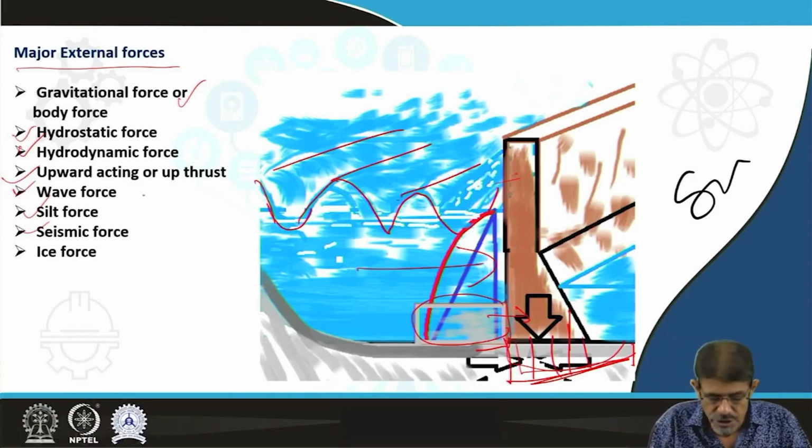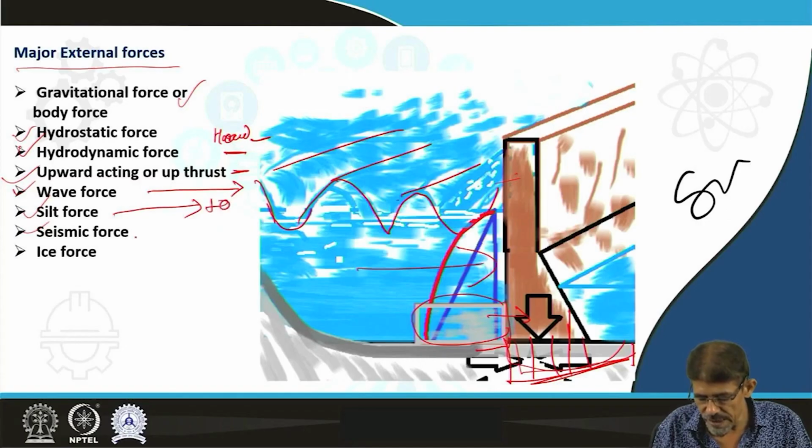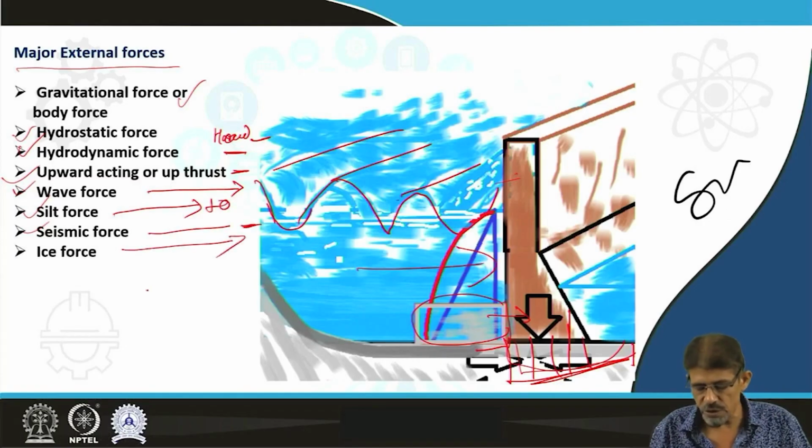So upthrust is a disturbing force. Hydrodynamic is a disturbing force. Hydrostatic horizontal in the headwater region is a disturbing force. Wave force, disturbing force. Silt pressure, we are neglecting here as 0. Seismic force, disturbing force. Ice force, disturbing force.